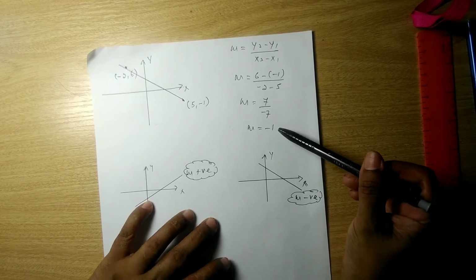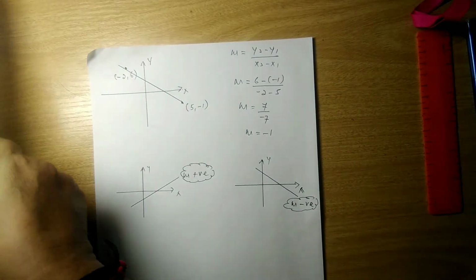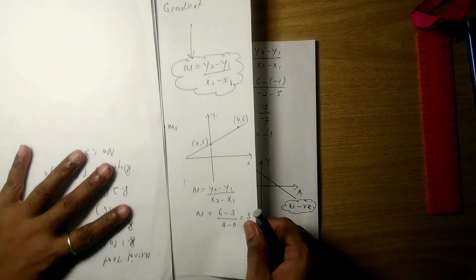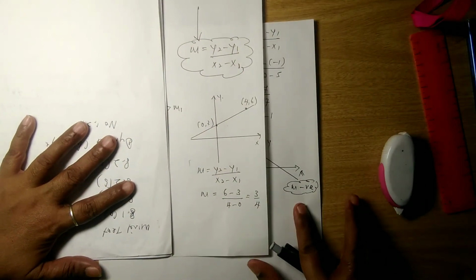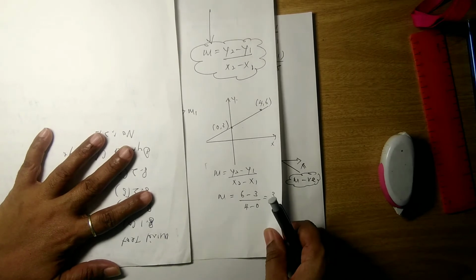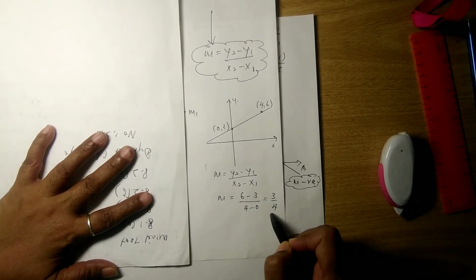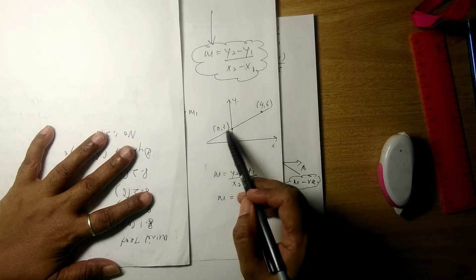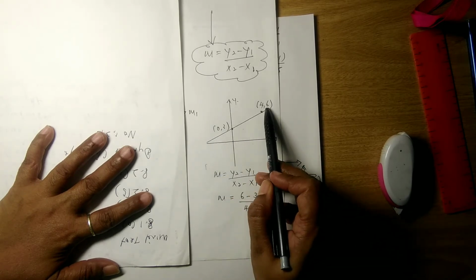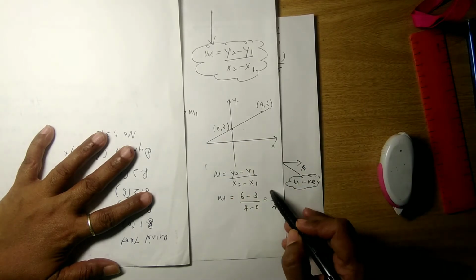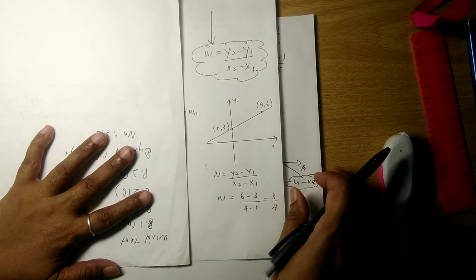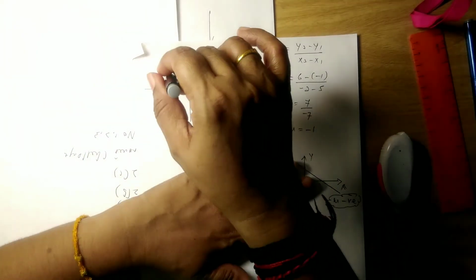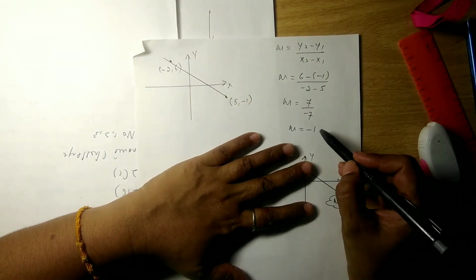If you noticed earlier on, the gradient that we calculated was a positive value, and if you look at the line drawn, it is situated this way. So here gradient is positive. Whereas for the second equation, when the line is drawn this way, our calculation of gradient is negative.